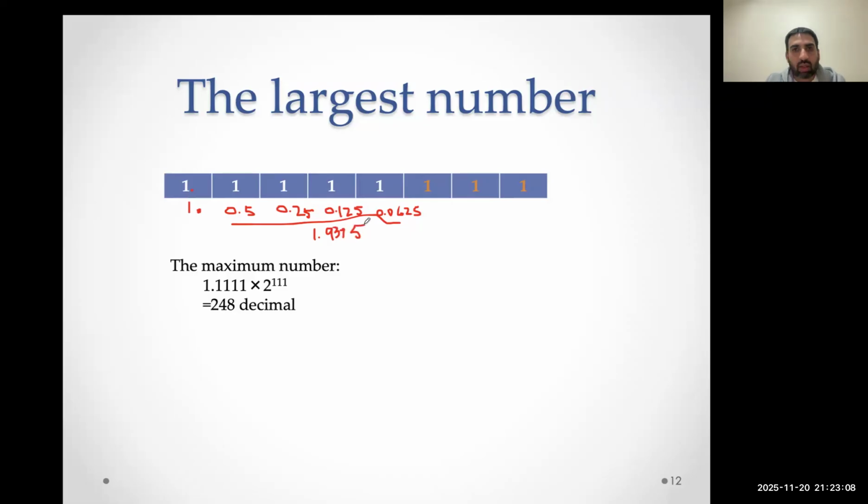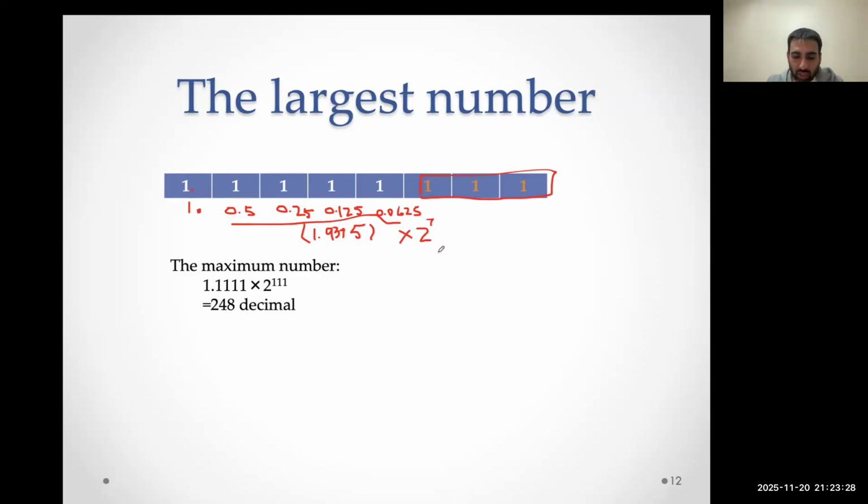And then for the exponent part, we multiply it with the mantissa, right? And how do you multiply? 2 raised to power 111, but that is in binary. So when you convert it into decimal, you get 7, and 2 raised to power 7 is equal to 128.